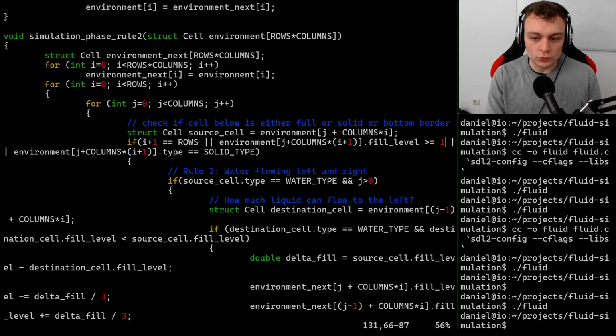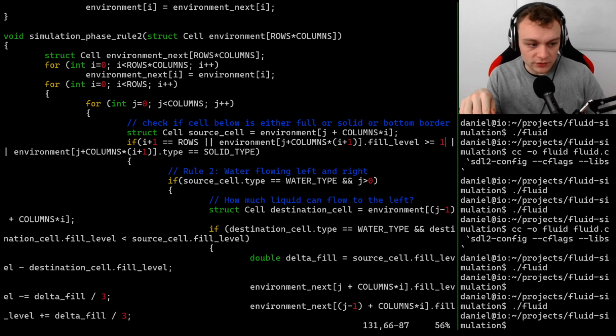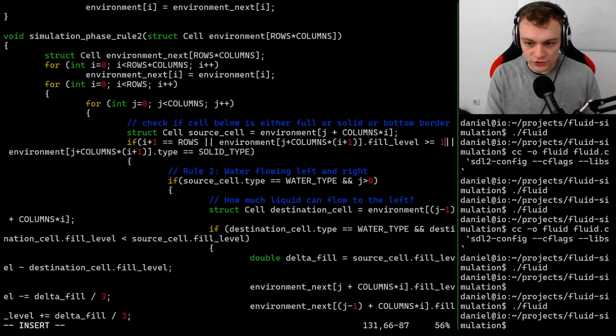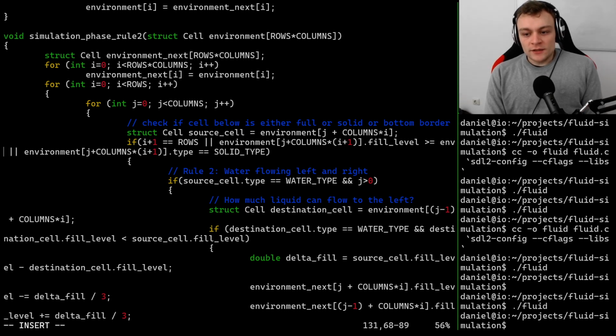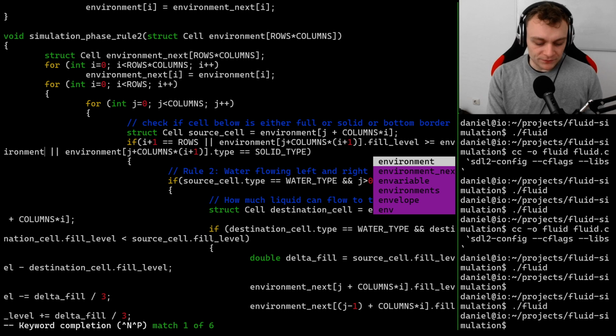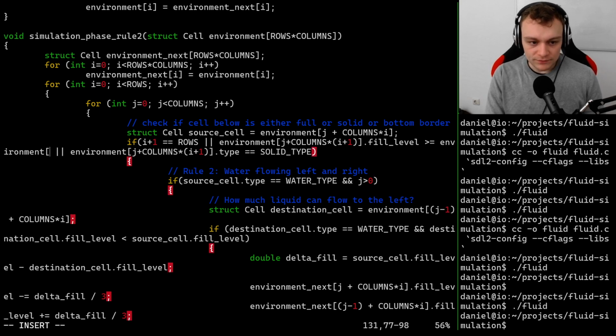No, rule number 1 was we can't flow down if the fill level of the cell below is bigger than the source cell's fill level. So here we have to check that the next cell's fill level is bigger than the current cell's fill level.